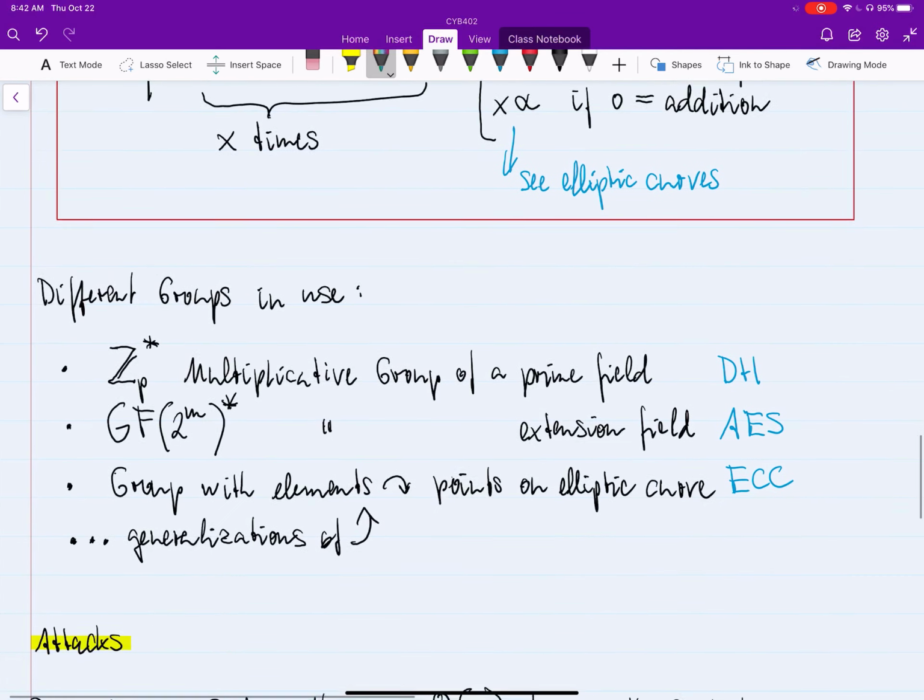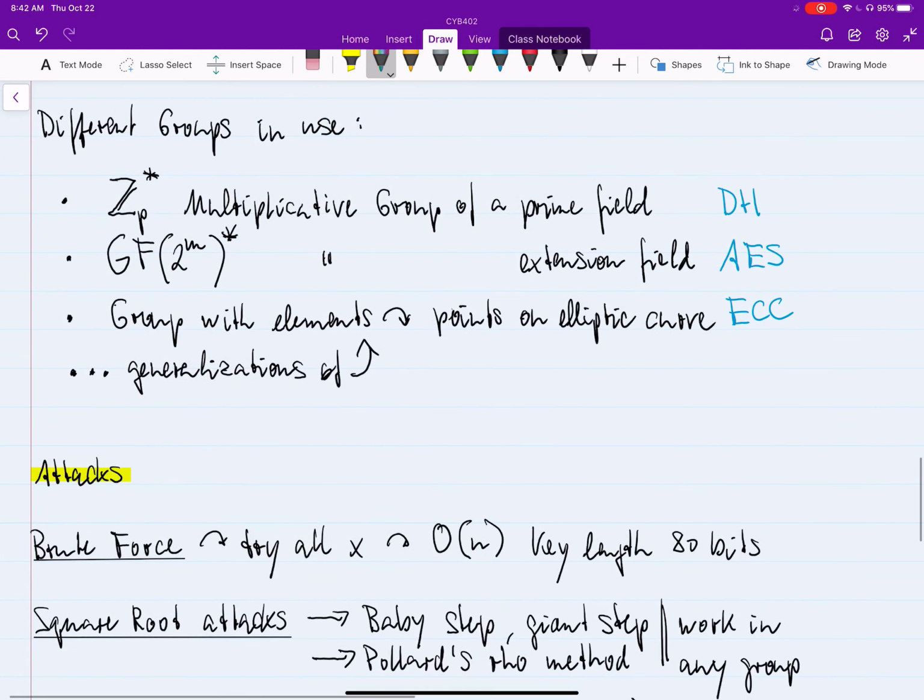So let's reflect on what we have been doing so far and what we are going to do in the future, to give you an outlook. We have been looking into different groups so far. Group theory is really important for cryptosystems, obviously.